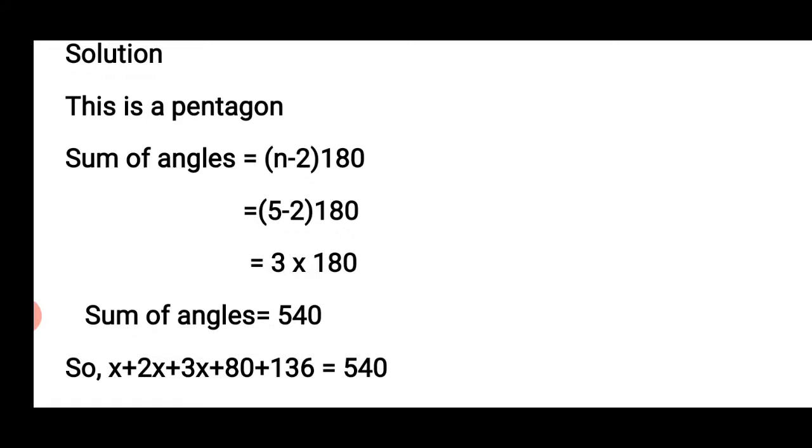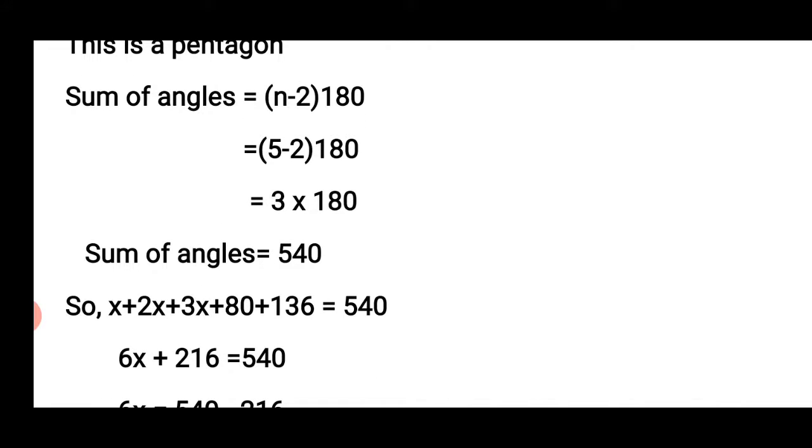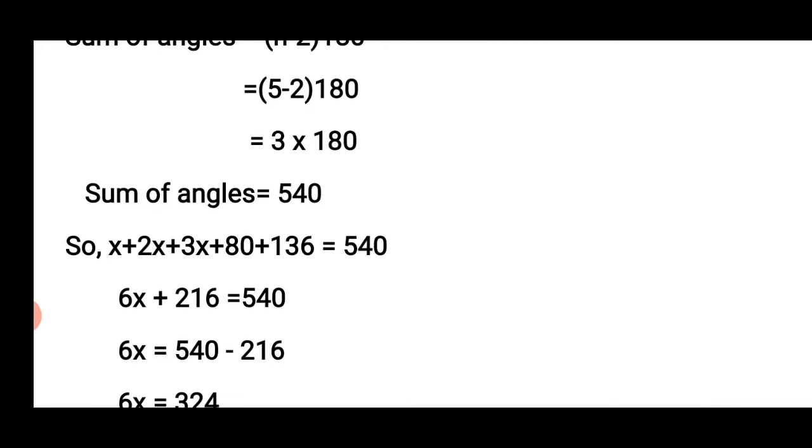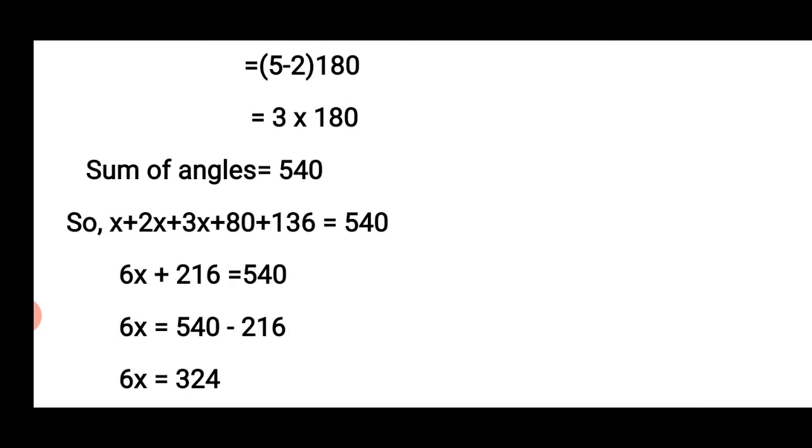So we add x plus 2x plus 3x plus 80 plus 136 and equate it to 540. x plus 2x plus 3x is equal to 6x. 80 plus 136 is equal to 216. The like terms have been collected on that side. So we have 6x plus 216 is equal to 540.